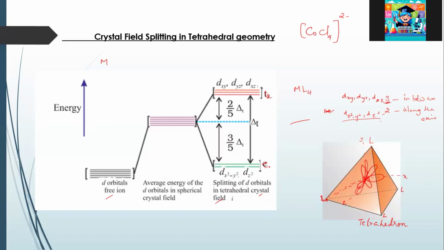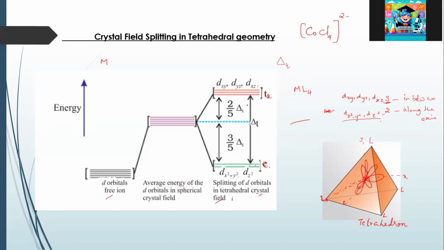Here, the g subscript is not used in the case of tetrahedral complexes, because the overall crystal field is not symmetric like that of octahedral. And this energy difference between t2 and e levels is called the crystal field splitting energy in tetrahedral geometry, or tetrahedral crystal field splitting energy, or delta T.